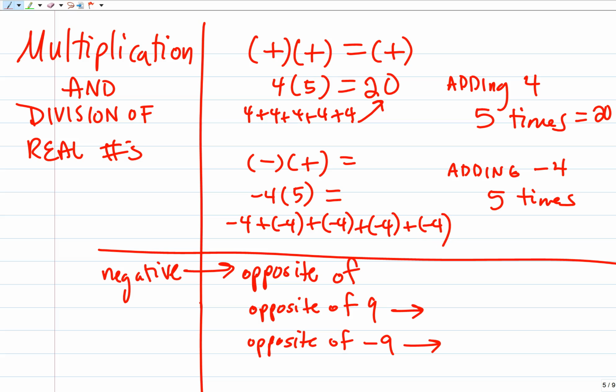What is -4 plus -4 plus -4 plus -4 plus -4? Will they combine or cancel? They combine, don't they? In fact, the five negative 4s all combine to make what? Negative. This to me is an argument telling me that if I have a negative times a positive, it will always be what? Always negative.